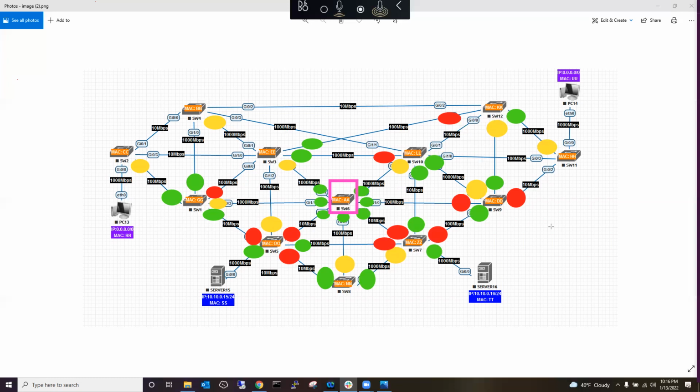Why? That's what I'm trying to figure out. I had it set that way because just looking at this, you have your root port, which shows you the fastest route going to the root bridge. Then you have your forwarding port.